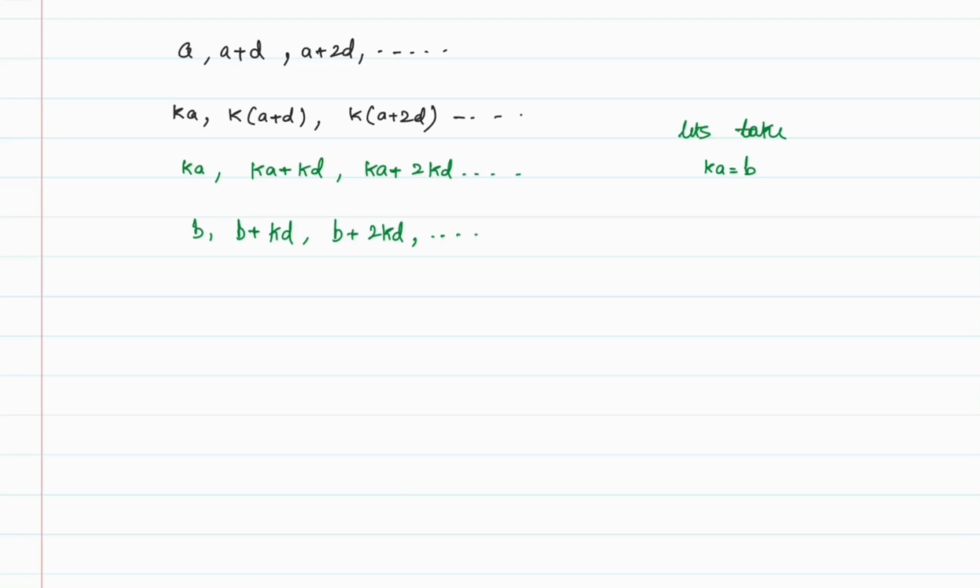So here also you can see that this is an arithmetic progression. This is an AP with common difference equal to kd, because we are adding k into d to every term, right?